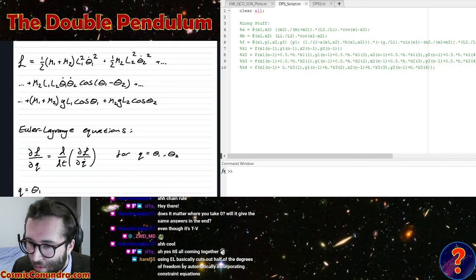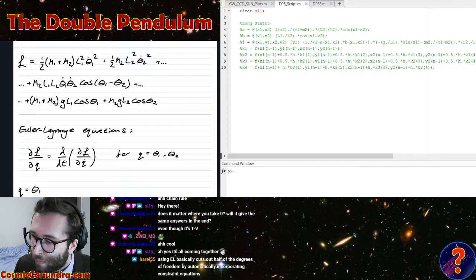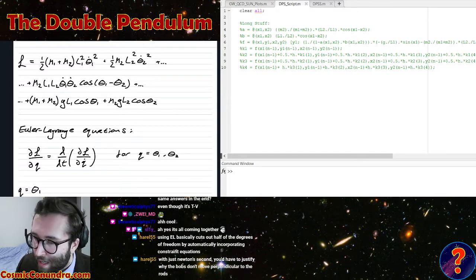You have to put those in as Lagrange multipliers, if there are constraints, say your system is confined to the surface of a sphere or something. It's a lot more convenient for doing computations than using Newton's equations. But as far as I know, the Euler-Lagrange equations give you essentially the exact same thing as Newton's. With just Newton's, you'd have to justify why the bobs don't move perpendicular to the rods.